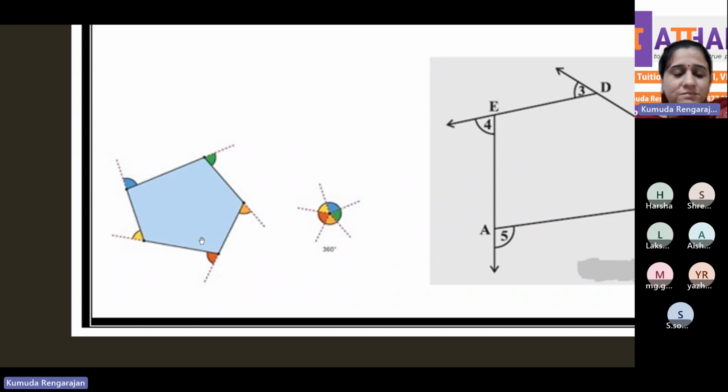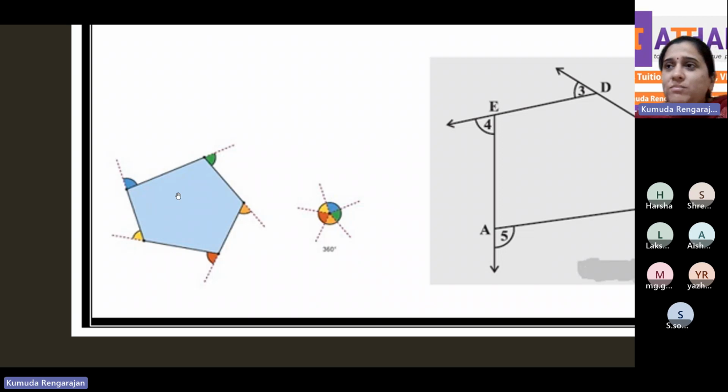You can see the exterior angles in red, orange, yellow, blue, and green. You can see the 5 exterior angles of the pentagon. We won't call it a regular pentagon. It's a pentagon. We don't know if it's a regular pentagon, and it doesn't look like a regular pentagon also.